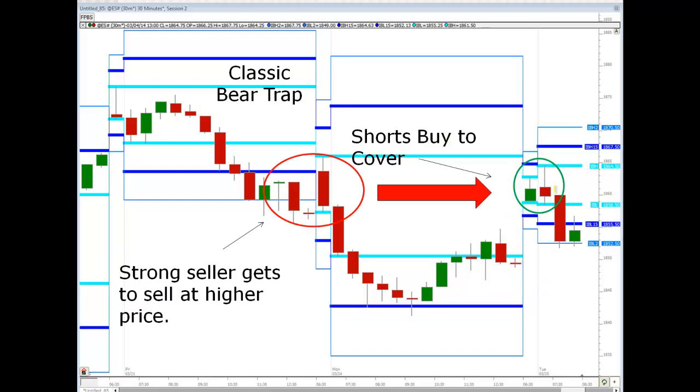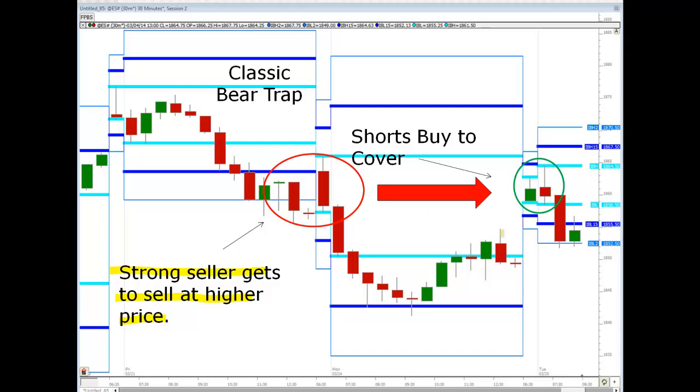Now, what's happening? Who actually is taking the other side of this trade? As they are buying, they're buying from the strong seller, and the strong seller that was present in the market gets to sell at a higher price, and they are probably the ones that sort of are responsible for this bear trap.